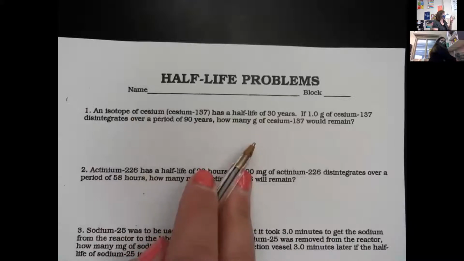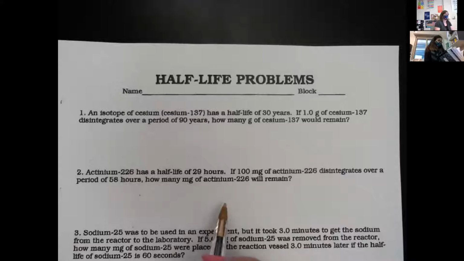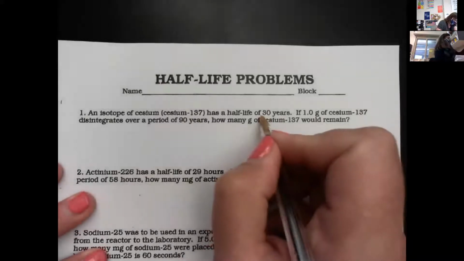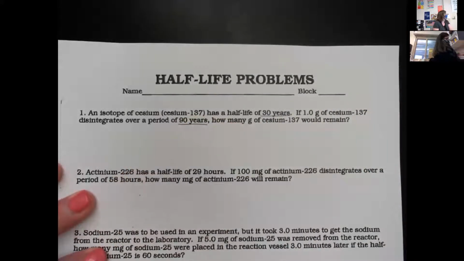You always want to figure out how many half-lives and then use that information appropriately. The way to figure that out is to find the 2 numbers that have units that match. Do you see how it says 30 years is the half-life and 90 years is the time period they're asking about? Both of those numbers have the unit years. That's the information we look for in this problem.